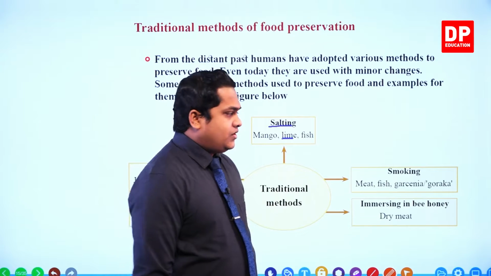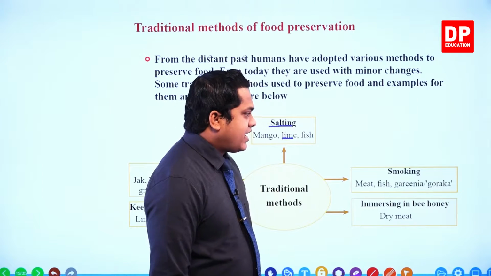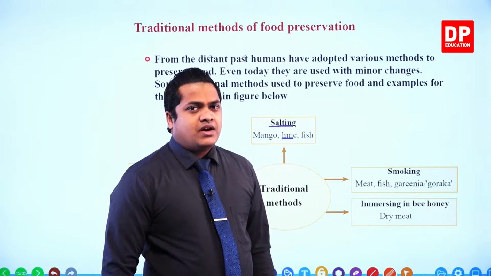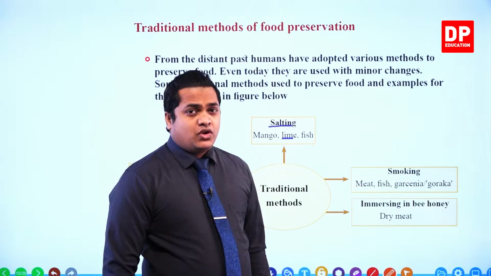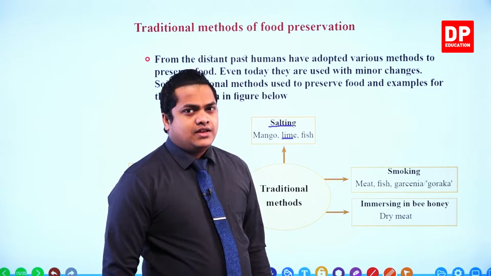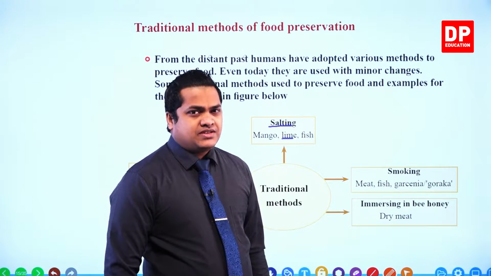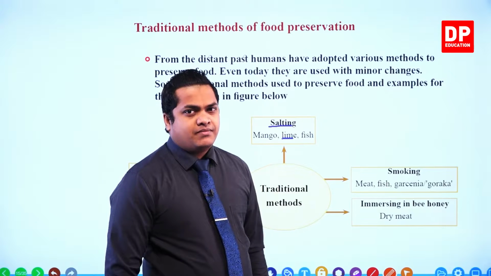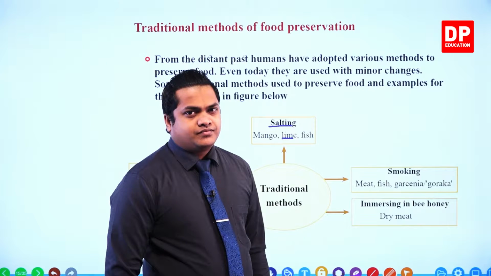So meat, fish, Garcinia and similar things can be preserved by smoking. Even today, if you go to the Rajarata area, those people preserve especially their meat and fish by smoking, and they use them as dried fish and dried meat.